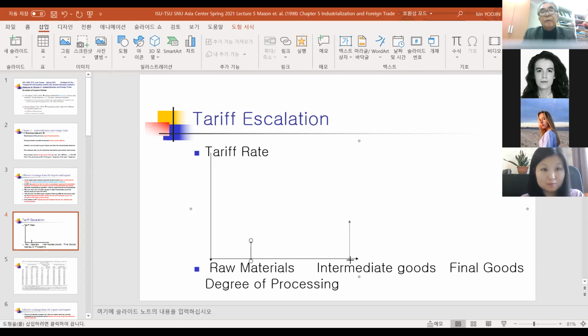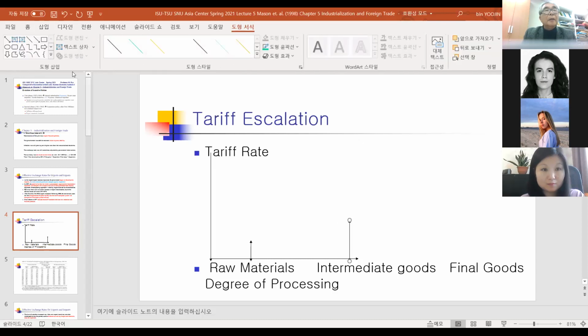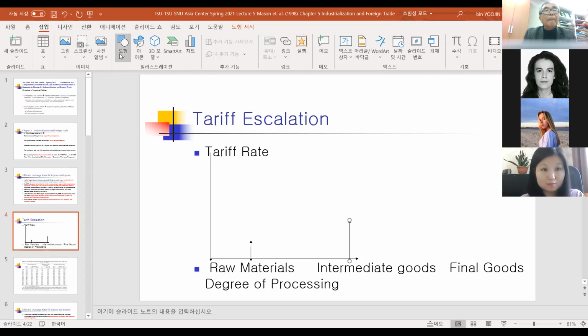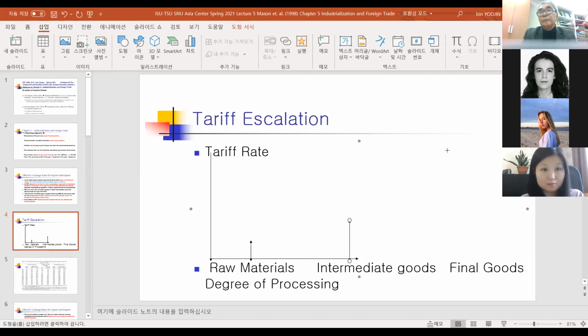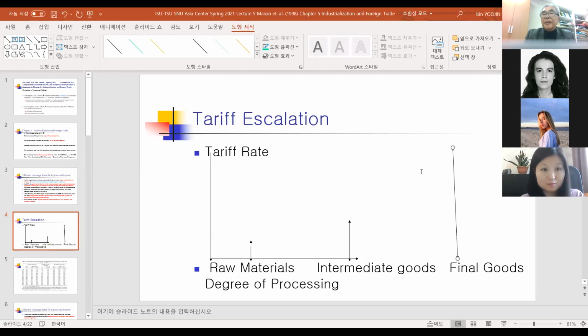Final goods, very high. So this kind of escalation is almost like an escalator. The tariff structure gets higher when you make final goods. This is a typical example of tariff escalation in many countries to protect their final goods industry.